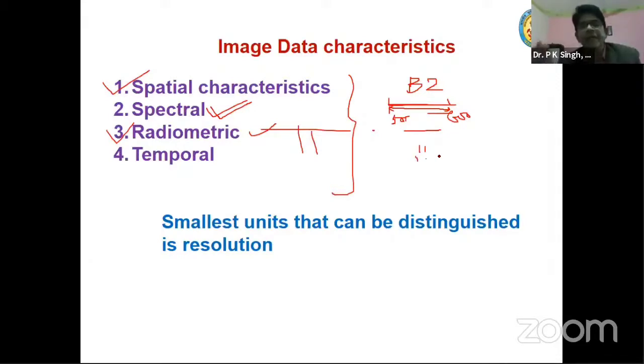The bands are very narrow. So all those characteristics are recorded in these spectral ranges. So the narrower the spectral range, the higher the spectral resolution. In the same way, the smaller the pixel, the higher the spatial resolution. So these are 3 characteristics.